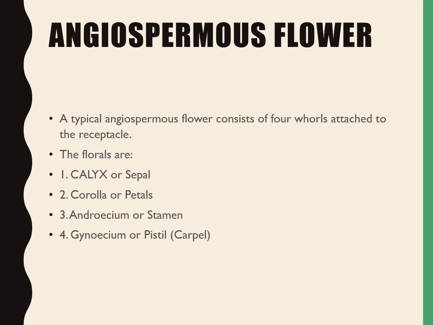In the same way, corolla is a whorl, and petals are the unit. In the same way, androecium and gynoecium: calyx, corolla, androecium, and gynoecium are the four main whorls.